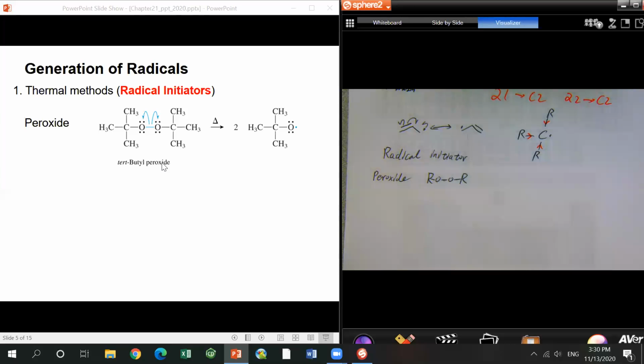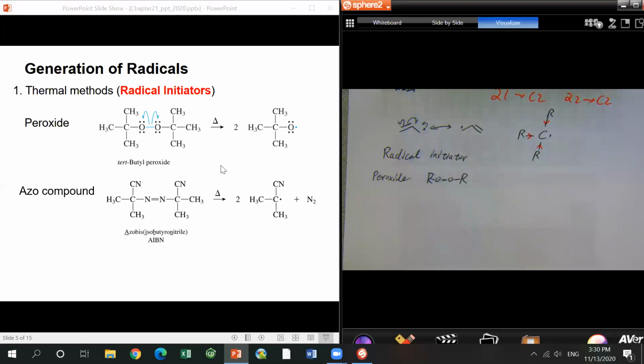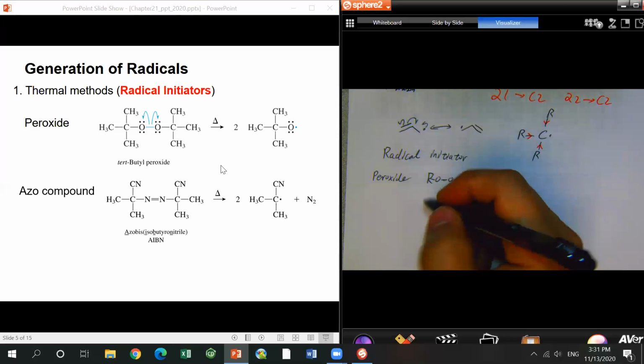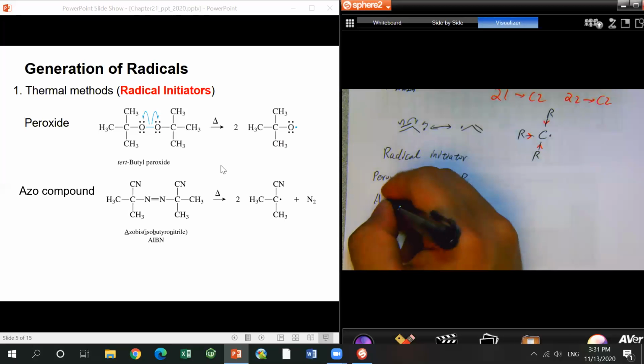So under heat, the bond breaks evenly, each taking one electron. We call that homolytic cleavage. Then you generate two radicals, and this initiator can react with another molecule and push the electron forward. But nowadays the more common radical initiator is called the azo compound.